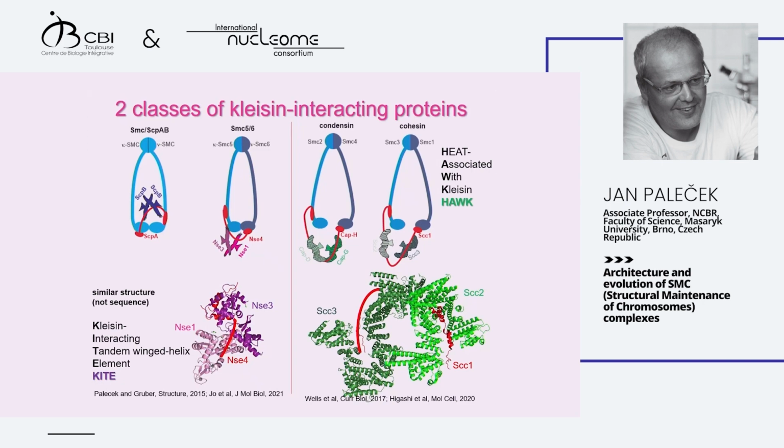Later on, our colleagues from Oxford realized that the same holds for the regulatory subunits of cohesin and condensin. They found that all these subunits contain so-called HEAT repeat motifs, and established a new family of Hawk proteins, for HEAT proteins associated with kleisin.